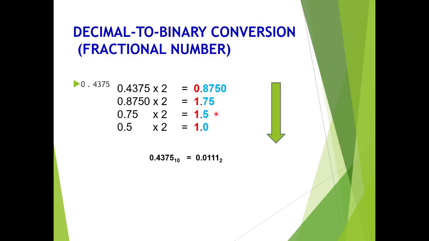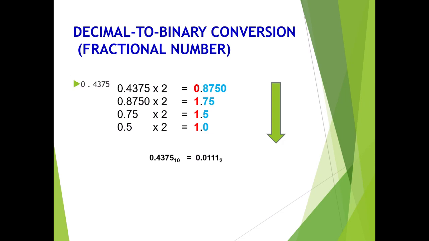Again you take only the fractional part 0.75, multiply by 2, you will be getting 1.5. Then that 0.5 you take, multiply by 2, you will be getting 1.0. Then till it becomes 0 we have to do, otherwise at least 4 digits we have to do. Then we take the answer only the integer parts, from the top to the bottom. So the answer is 0.0111 to the base 2.